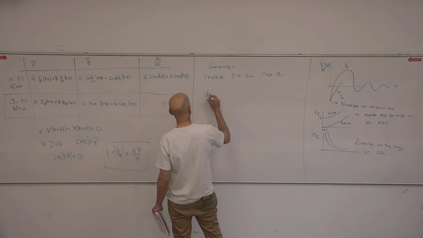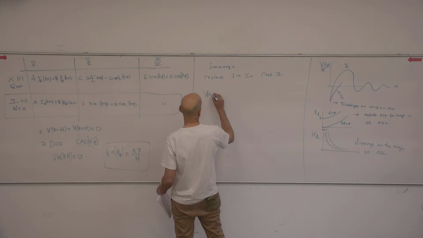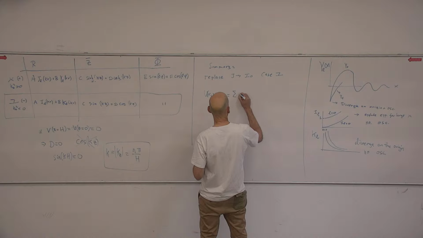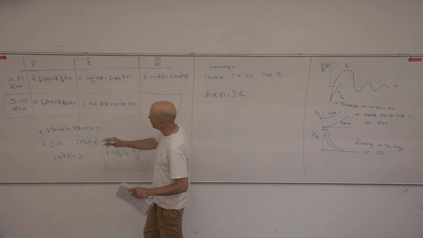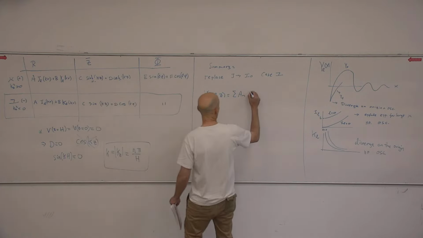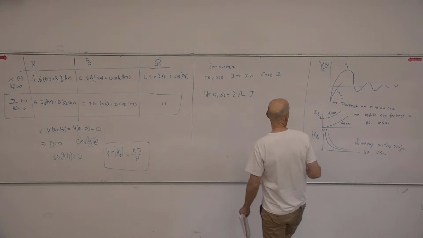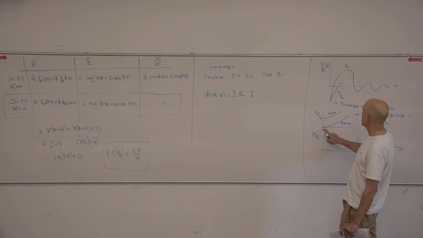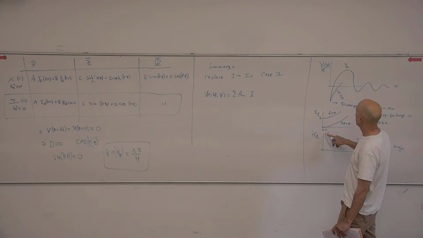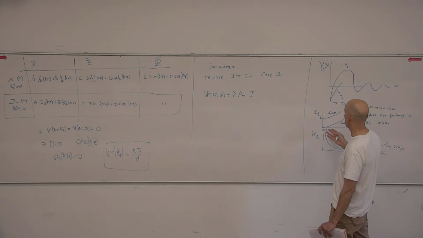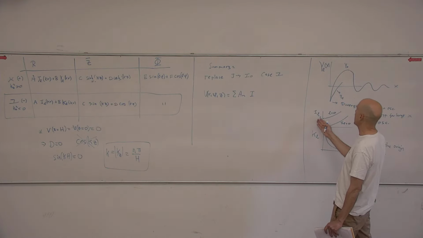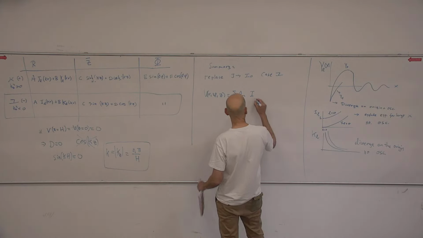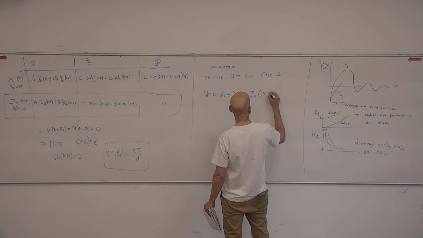V of r, phi, and z is the sum over some coefficients a_n of the function I. The reason why nothing has changed is that I_0 is 1 and the other ones are 0. So only the I_0, like the J_0 before, now comes in, with argument n pi r over h.